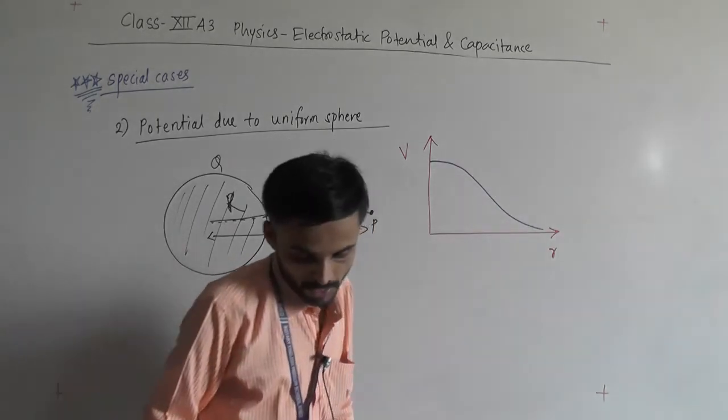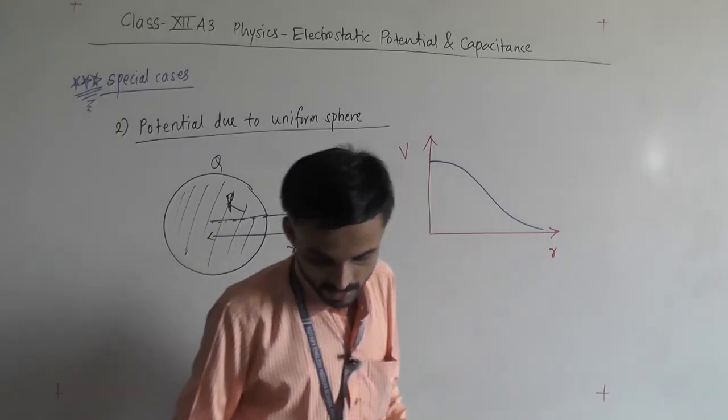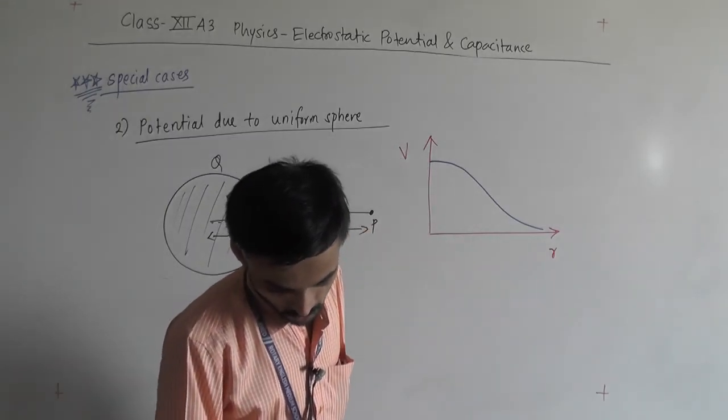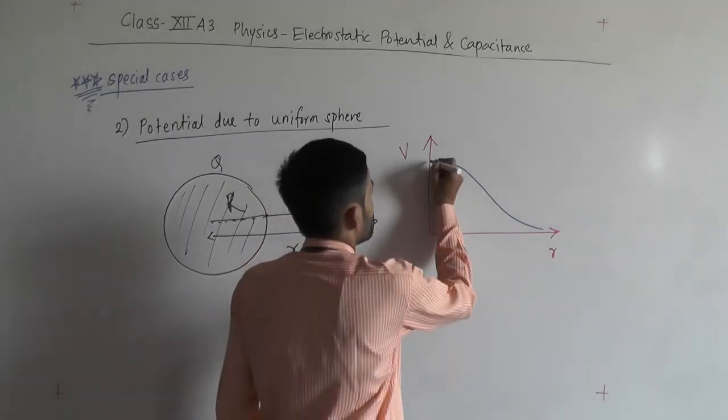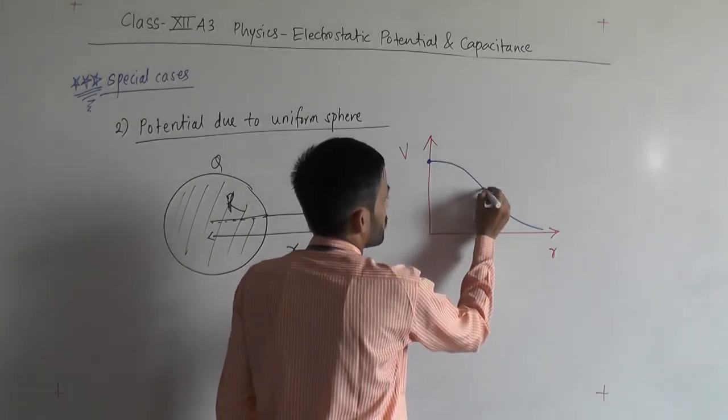There will be 2 points, V at the center and V on the surface.